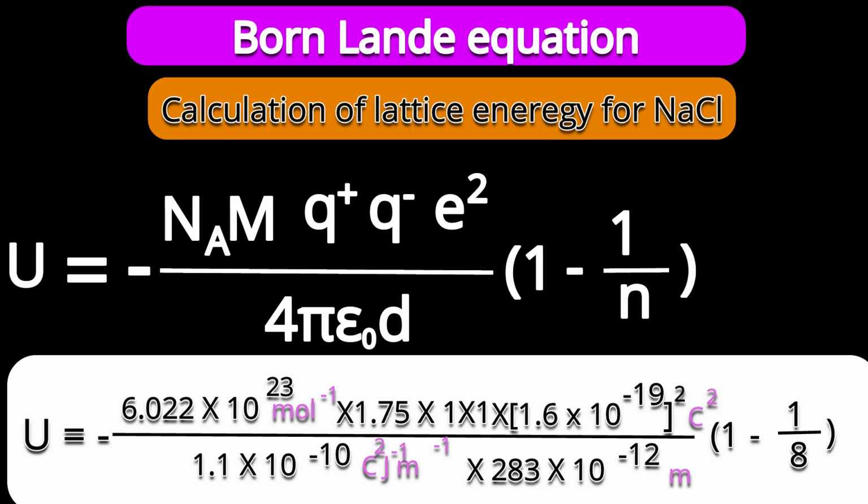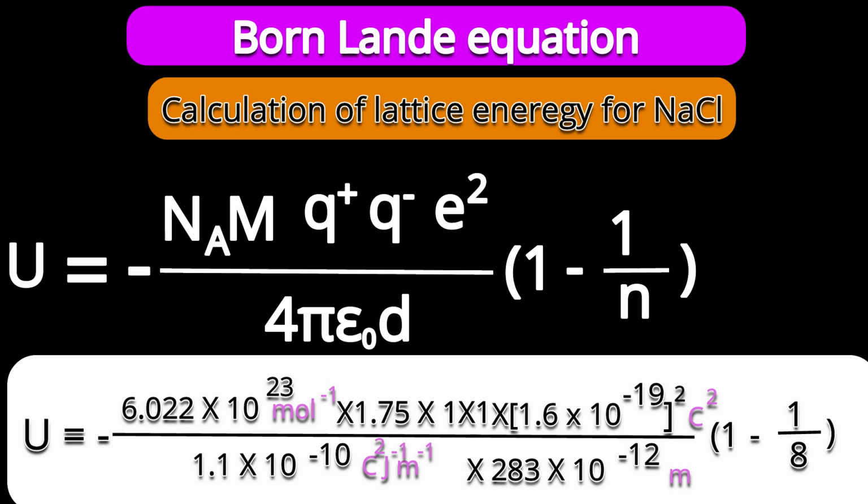Then the Madelung constant has no unit. Afterwards, the product of charges. Charge we are measuring in terms of coulomb. Two charges multiplied, so coulomb square is represented on the right side in the numerator. In the denominator, the unit for 4 pi epsilon 0 is coulomb square per joule per meter.